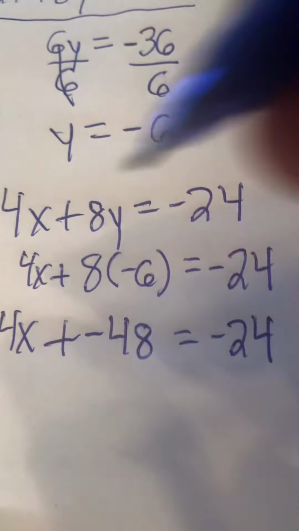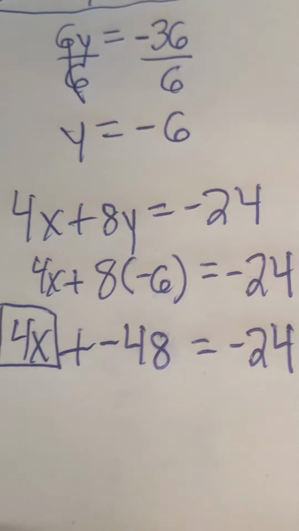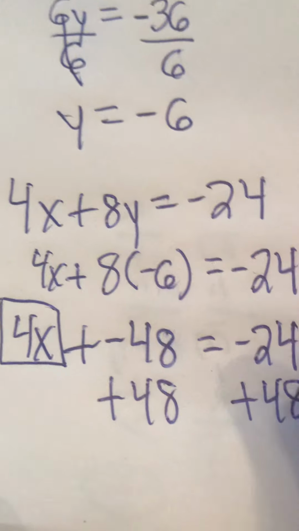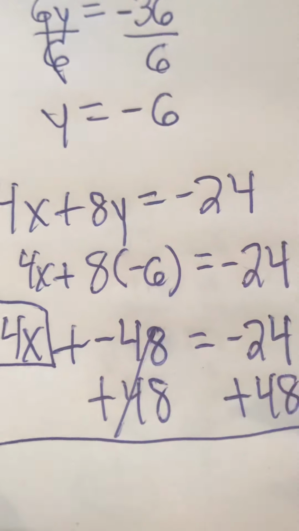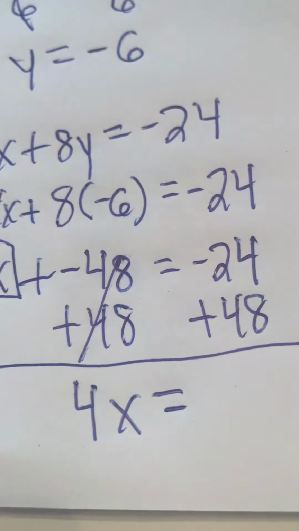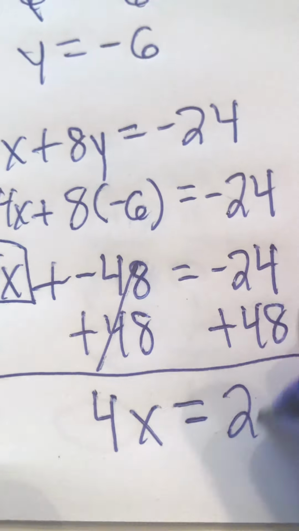I want to go ahead and solve for x. So I'm going to do the opposite of minus 48, which is plus 48. What I do to one side, I do to the other. That eliminates. I've got 4x is equal to negative 24 plus 48, which is 24.